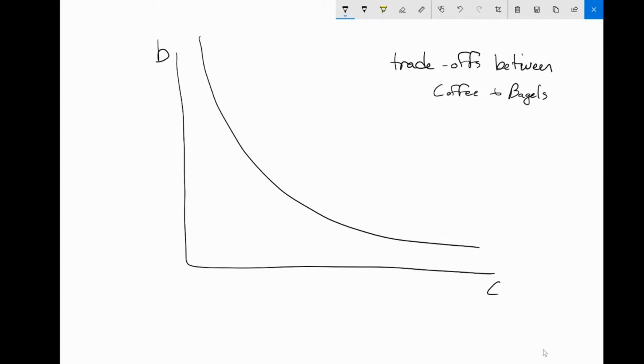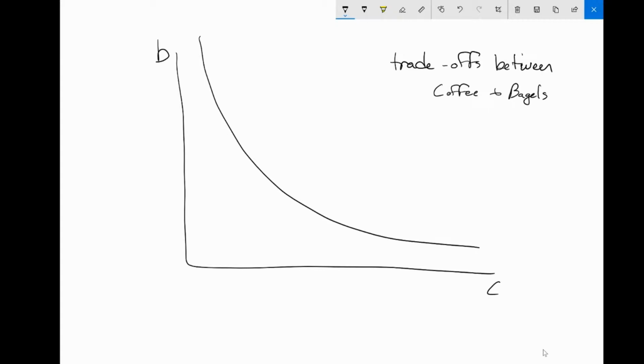It allows us to understand how many cups of coffee you would be willing to trade for an additional bagel. We can use these indifference curves to understand the trade-offs that people face between more coffee and less bagels, or more bagels and less coffee.